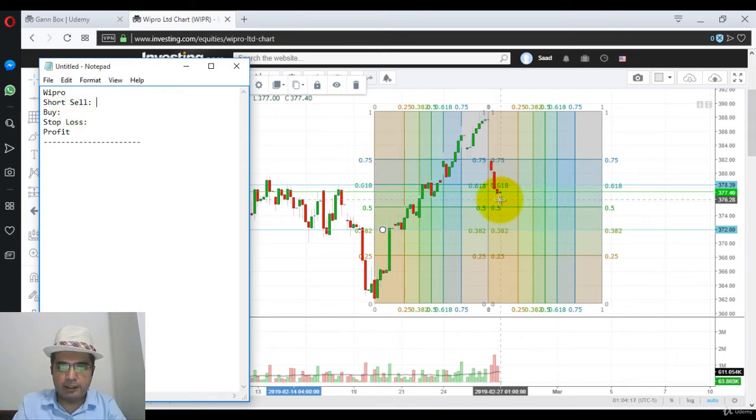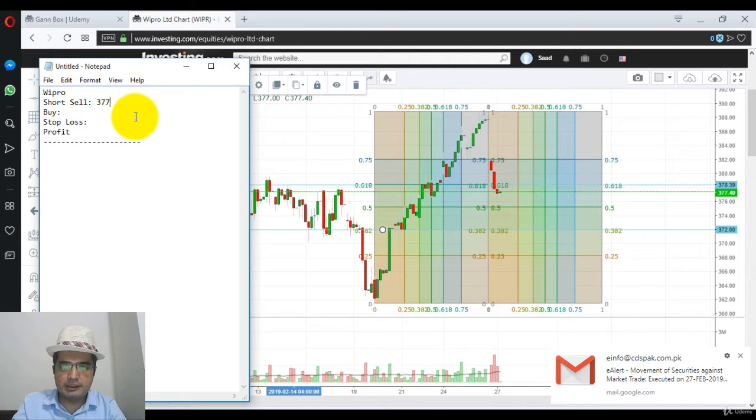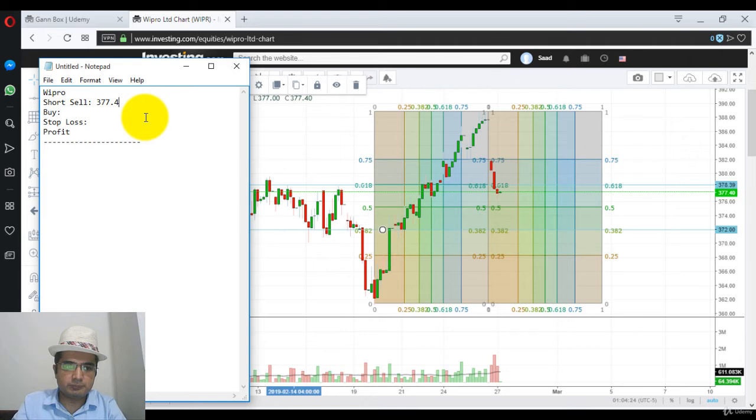Now the current level is 377.40. Now if we short sell here, we can easily aim for around 375.50, which will be 1 rupee 90 paisa profit, which won't be enough, but basically it shows us that if we can make 0.4% profit on trades, that's not a bad profit.